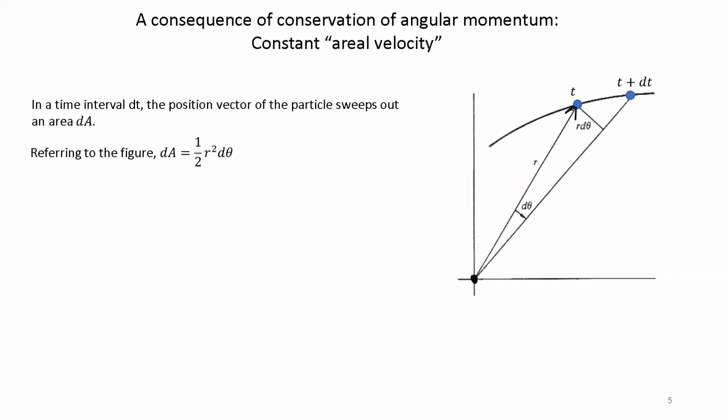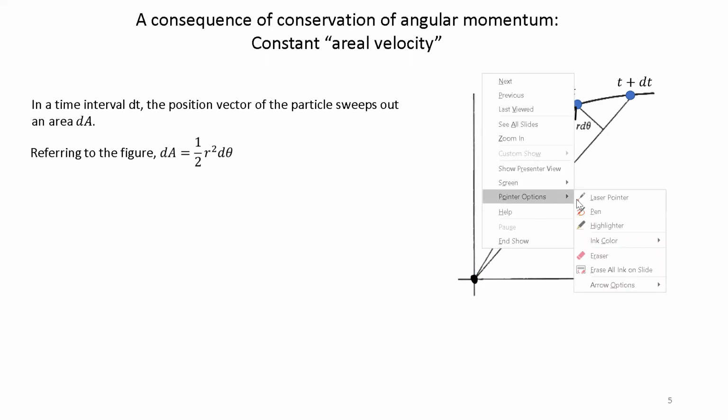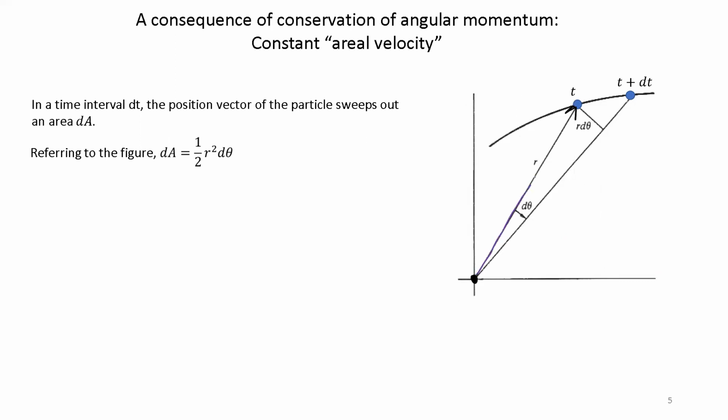So this is the position vector at t, and then the position vector at t plus dt. The position vector will sweep out an area dA.